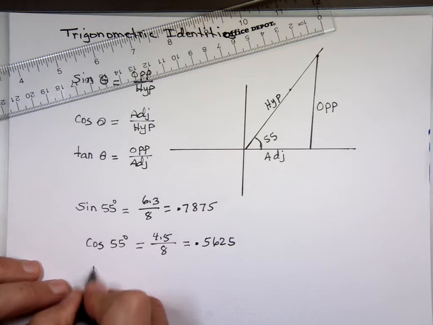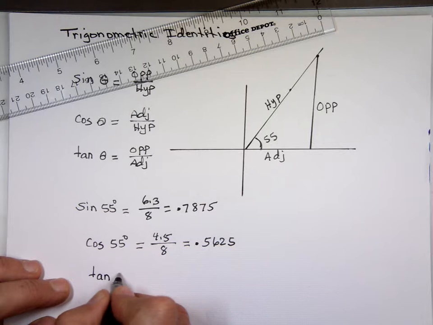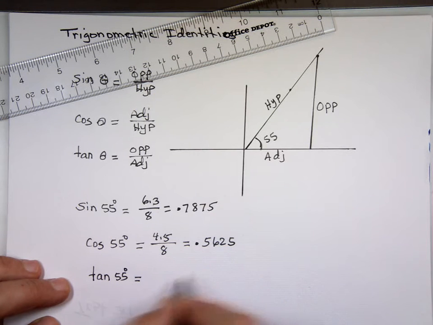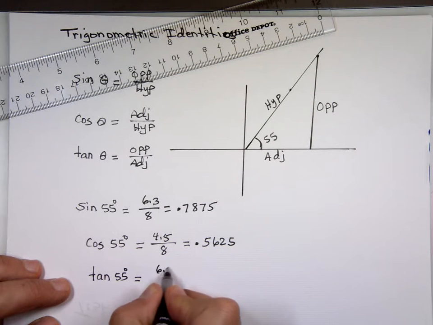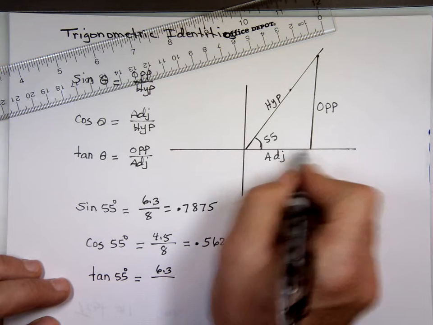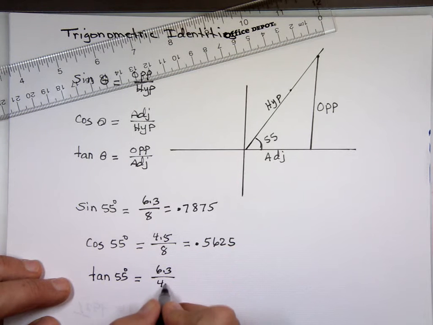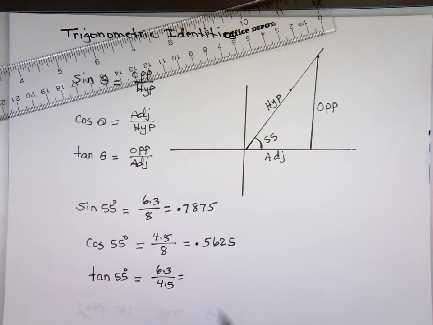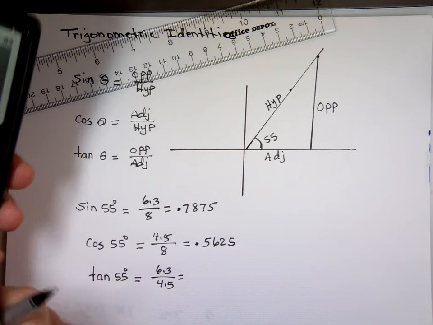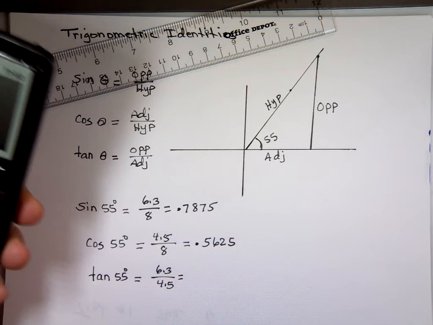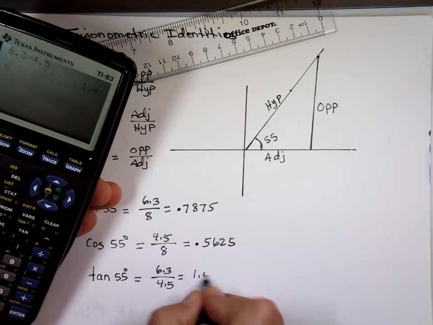And what is the tangent of 55 degrees? It's the opposite, 6.3, over the adjacent, 4.5. So 6.3 divided by 4.5 is approximately 1.4.